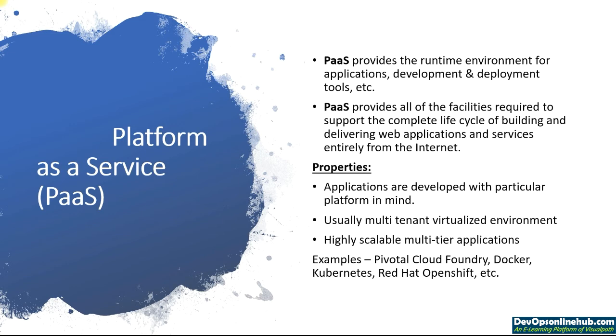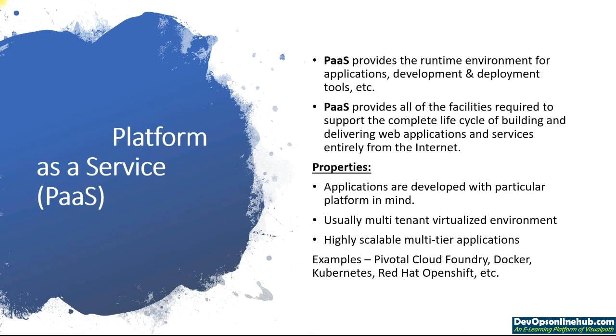What are the basic properties of this service? Applications are developed with a particular platform in mind. It is also usually multi-tenant, that means it can allow multiple teams to work together on the same environment, and it supports highly scalable multi-tier applications.